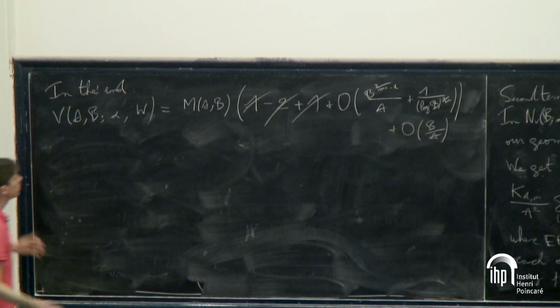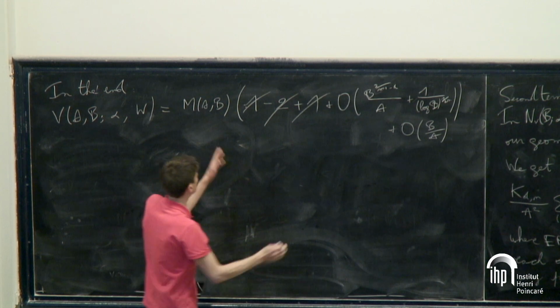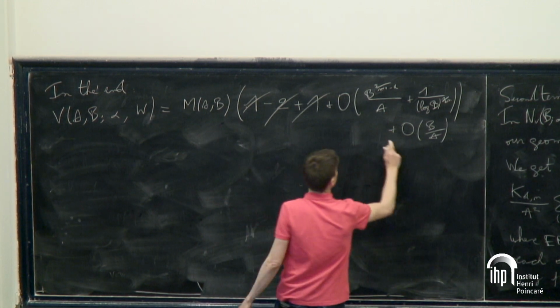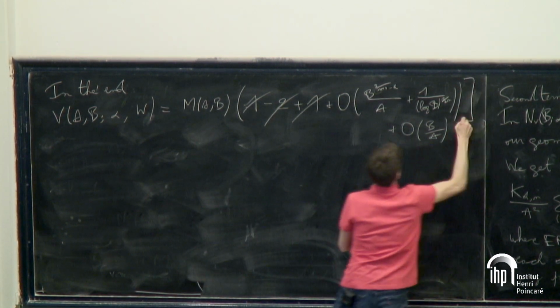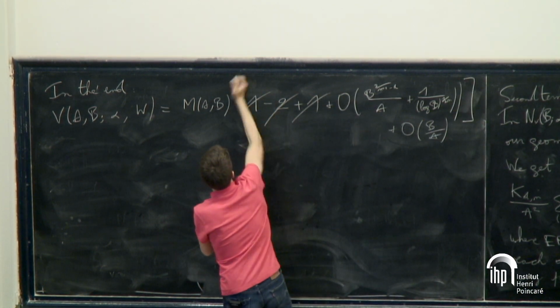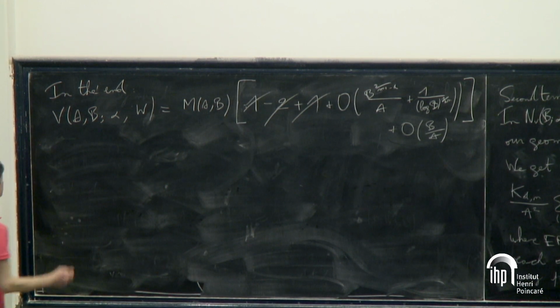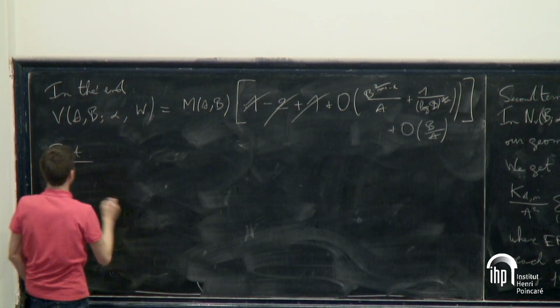Okay, so what do we get? We get 0 here, so we get just M of A and B times this plus that. Okay, so here I'm missing 1. Okay, and another fact which I don't want to prove.